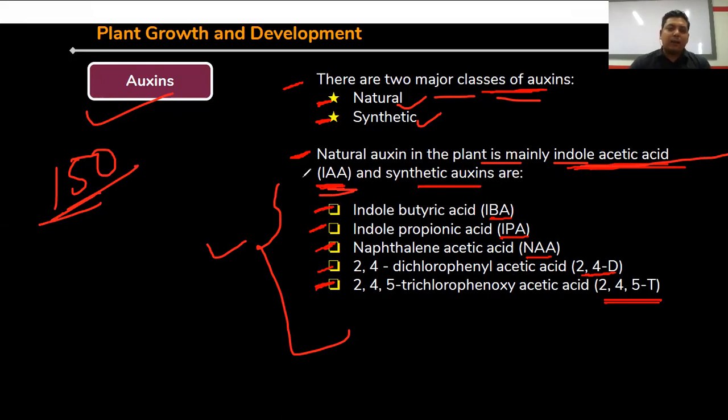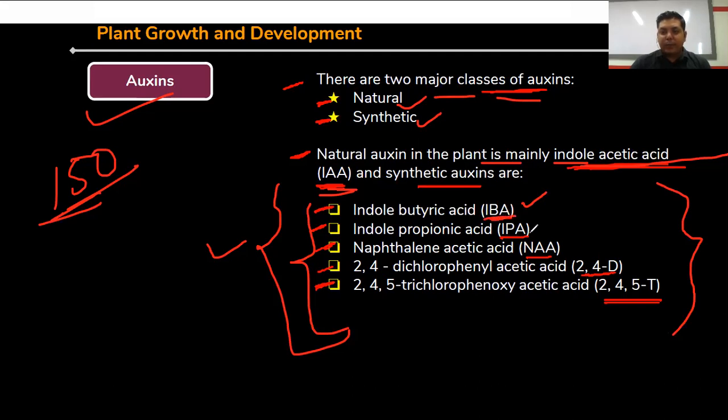Natural auxin is mainly composed of indole acetic acid, and these are the examples of synthetic auxin hormones. First, indole butyric acid, IBA; the names are important for your exam.